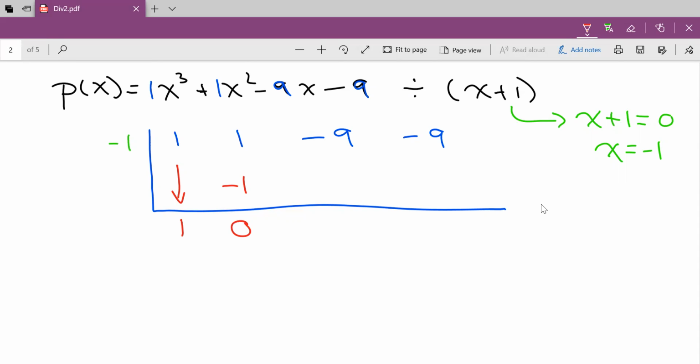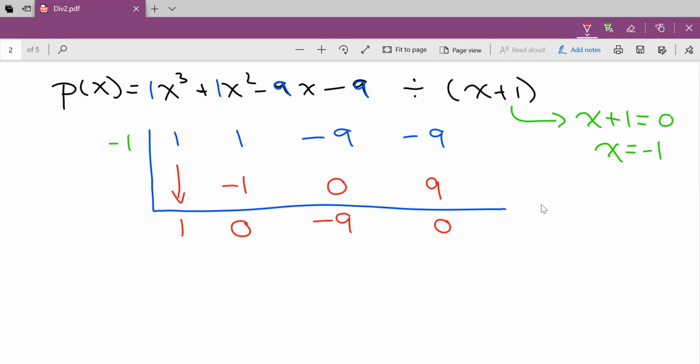And I repeat the step. -1 times 0 is 0. I add these together, -9. I repeat the step. -1 multiplied by -9 is 9. I add these together. I get 0.